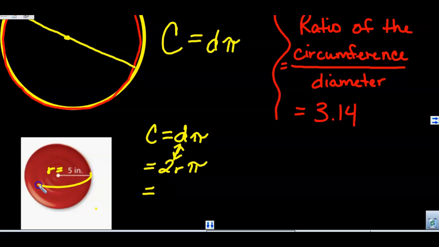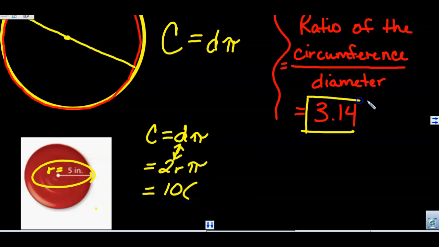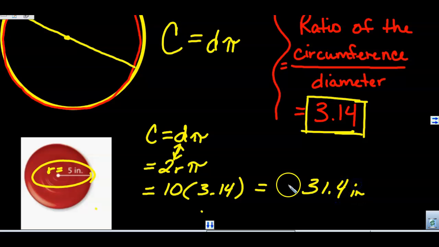We're going to take the 5 and times it by 2. That gives us 10. Now for pi, we're going to use the shortened 3.14. Or not an estimate, it's a rounding, okay? So 10 times 3.14 is equal to 31.4 inches.